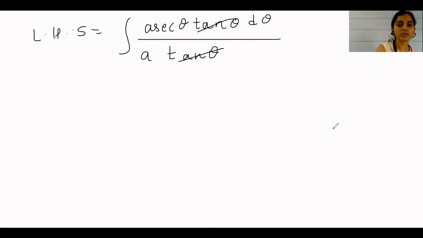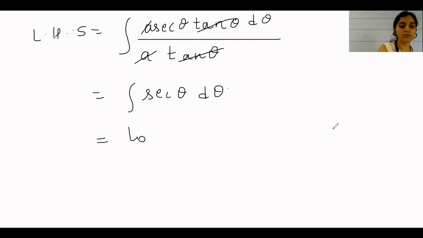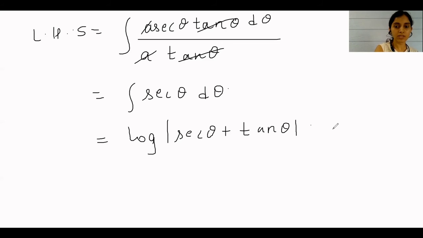The a cancels out, so we have integration of sec theta d theta, which is log of sec theta plus tan theta, plus c. Now can you tell me, is this the final answer?